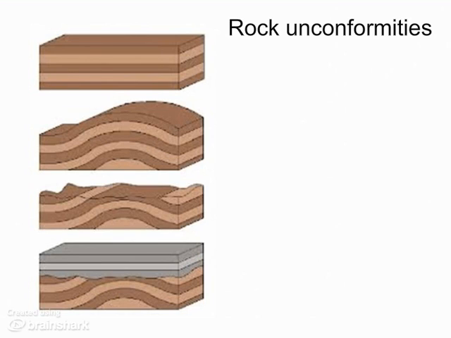The third picture down, we see though that now some of those layers are gone. So probably erosion has come and over time worn down that mountain into a plain or plateau, it looks like. And then once those pieces are away, the bottom picture shows us that new sediments have been added. That's what those gray layers are. And so this shows us how unconformities happen because of erosion.